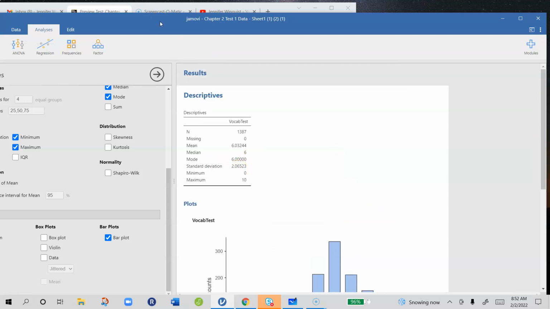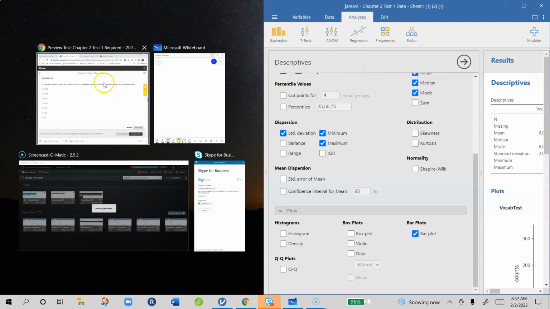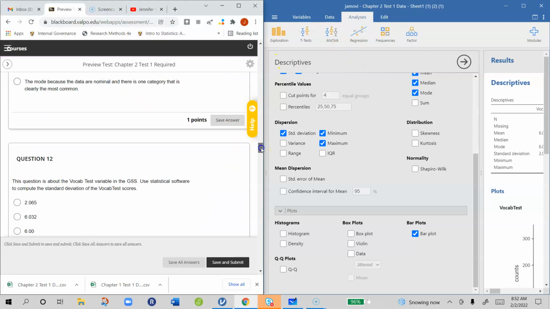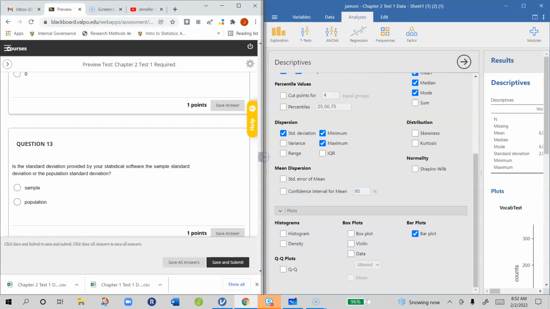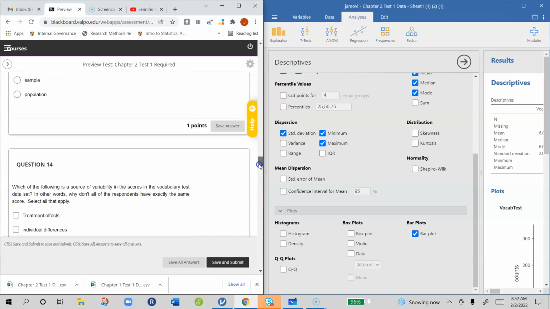That's the typical distance scores are from that mean of 6.03. All right, moving on. Is the standard deviation produced by your statistical software the sample standard deviation or the population? It's always the sample. Right? And the software we're going to use in this class will always be the sample.